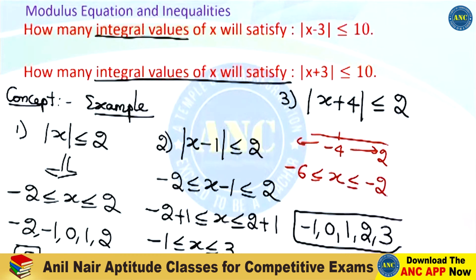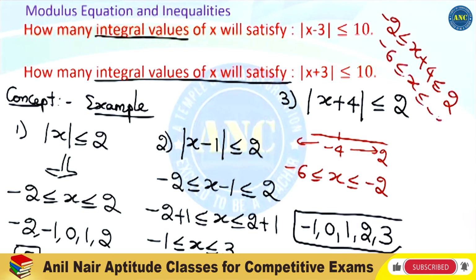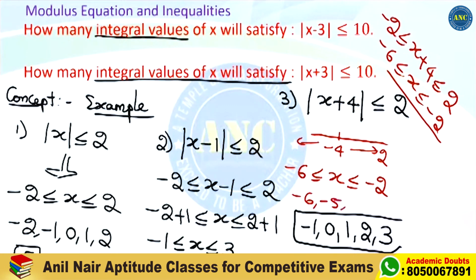Yes or no? Otherwise, it is minus 2 less than or equivalent to x plus 4 less than or equivalent to 2, so minus 6 less than or equivalent to x less than or equivalent to minus 2. Minus 6 to minus 2: minus 6, minus 5, minus 4. I hope the idea is clear, right?